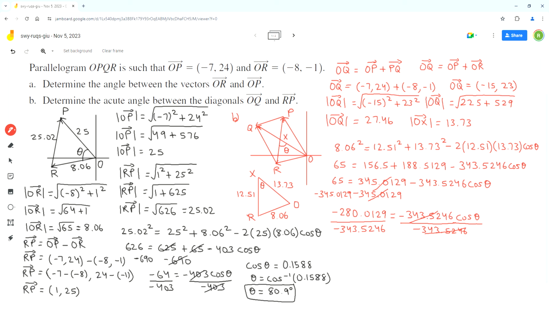So on the left side, now we do the division. Now we can do the inverse of cos.